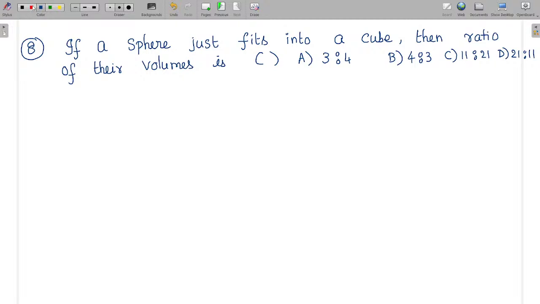See, my dear students, a sphere just fits in a cube. So that means a sphere is inscribed in a cube. So totally inscribed. Then the ratio between their volumes, that means the ratio between volume of a sphere and volume of a cube, we need to find out.